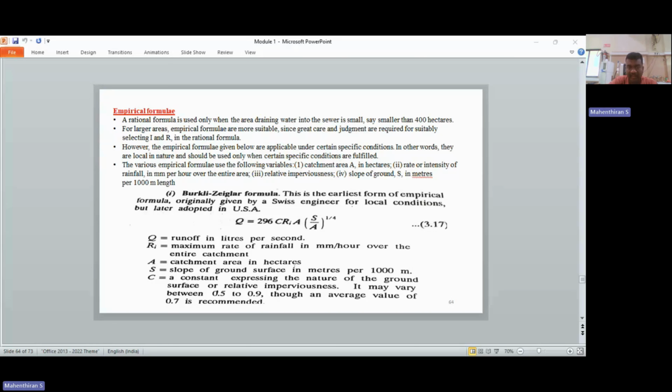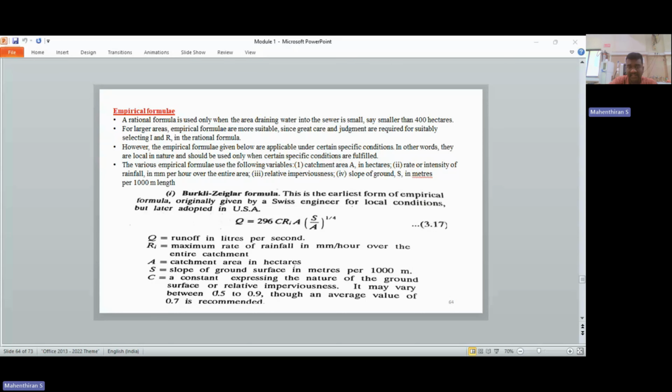The empirical formula is applicable under certain specific conditions. In other words, they are local in nature and should be used only when certain specific conditions are fulfilled.